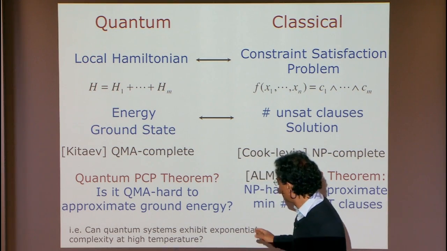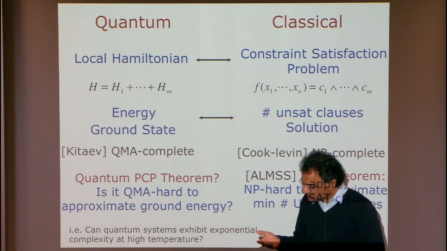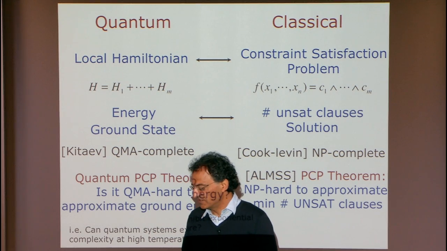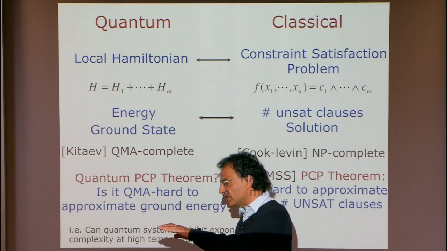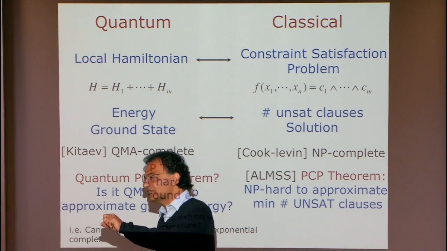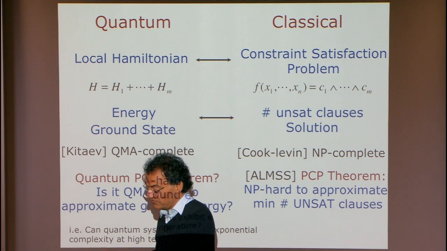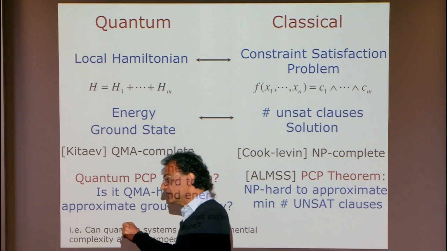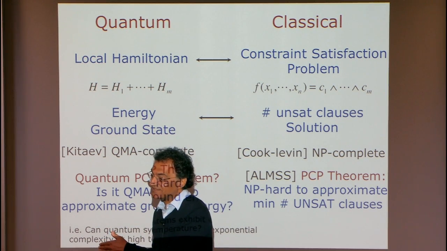So let's say that you had a quantum system at room temperature. So now it's in a Gibbs distribution, right? The claim is, if you can sample from this Gibbs distribution, then you would be getting a relatively low energy state.